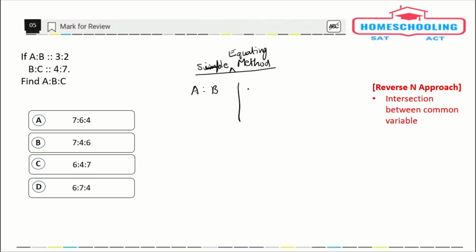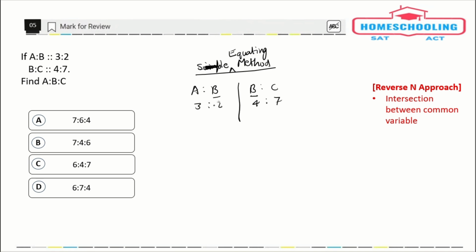Here A is to B is 3 is to 2, B is to C is 4 is to 7. As we can see, B is the common term in both the ratios. So we have to equate its value.